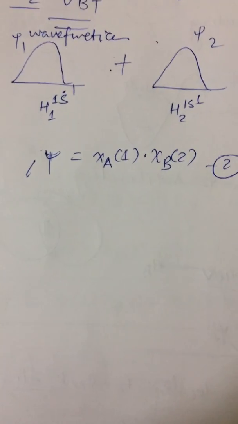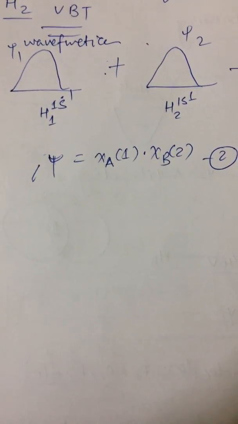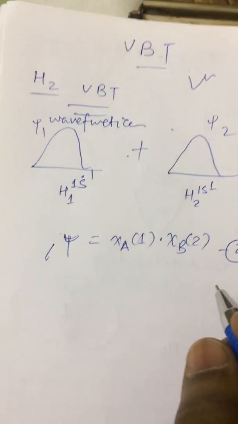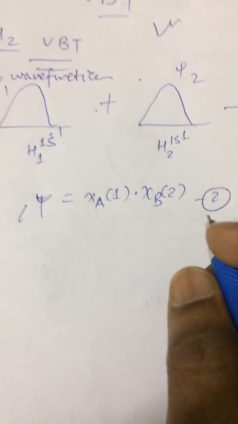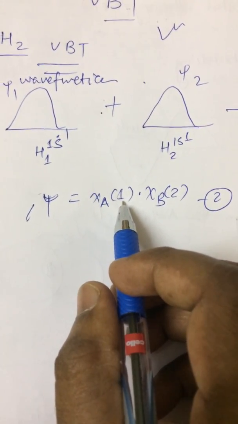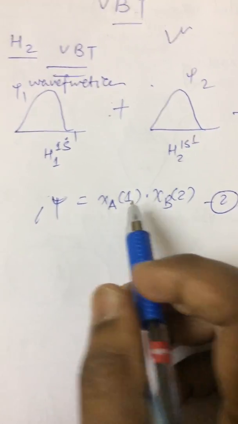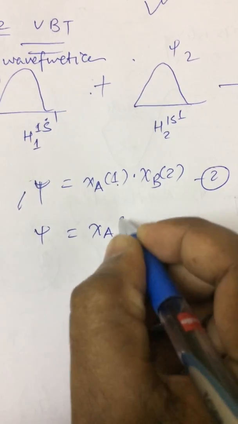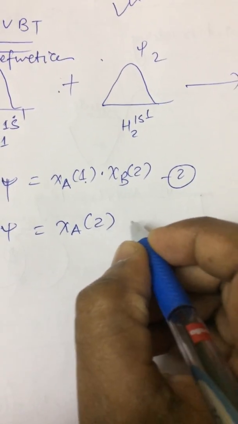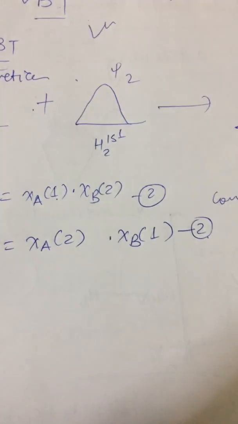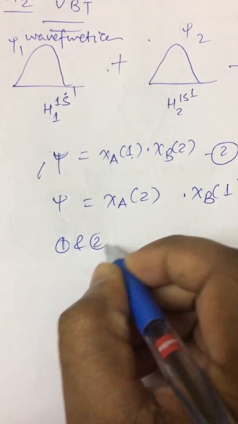But one thing I will tell you here, there is some doubt: when the atoms are close to each other, whether it is electron one for this hydrogen atom and electron two for the other, it can also be written in this way, psi = chi a for the second electron, the second hydrogen, and chi b for the first. So this way also we can write. Both ways, 1 and 2, are possibilities.